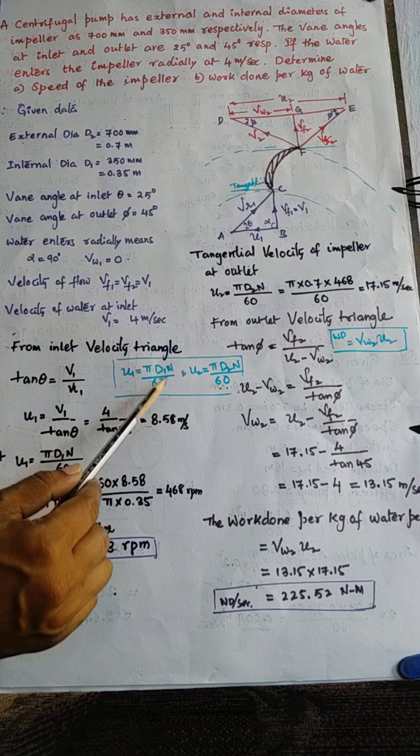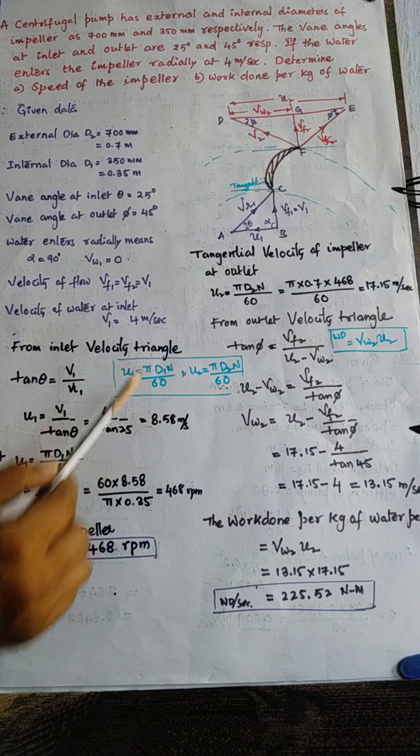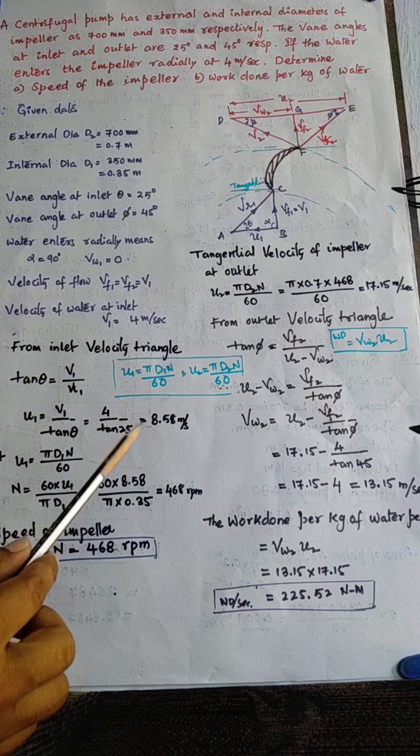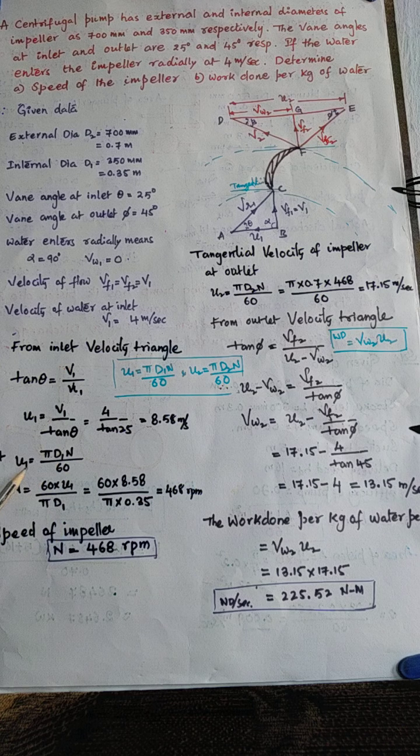Now we can find the value of N by using this formula. You can rewrite u1 equal to pi dN by 60. So from this, N is equal to u1 into 60 by pi d1.